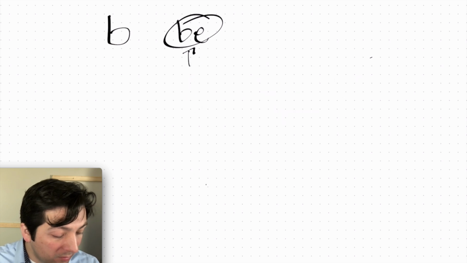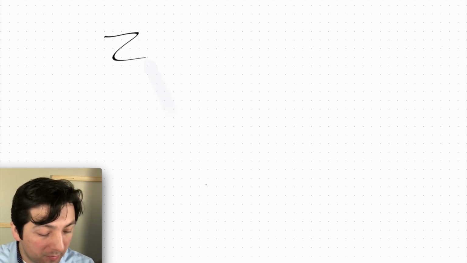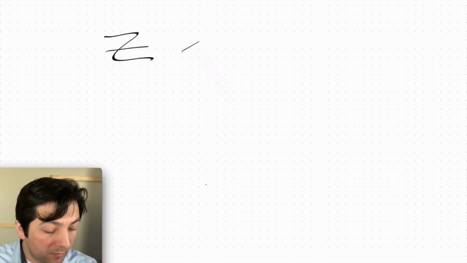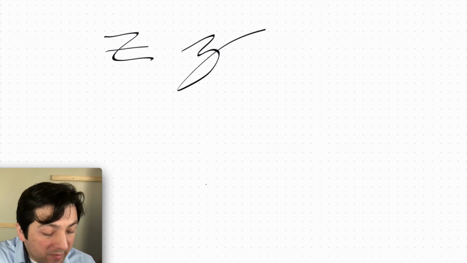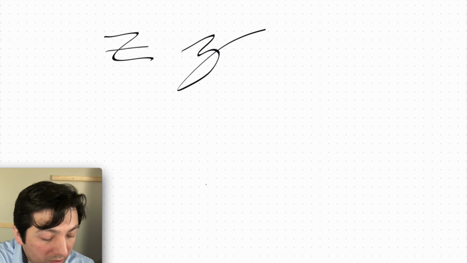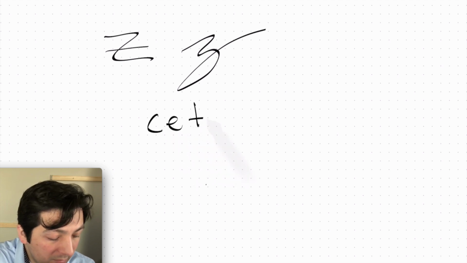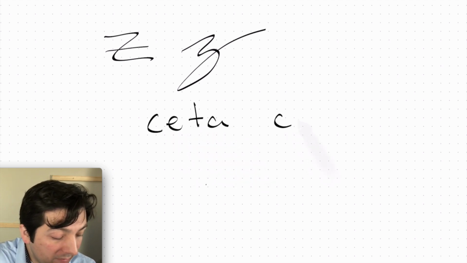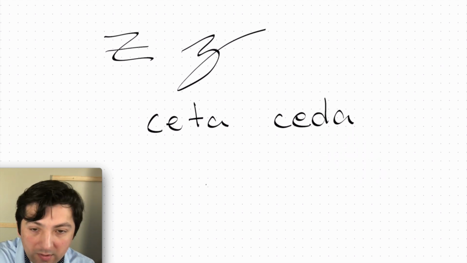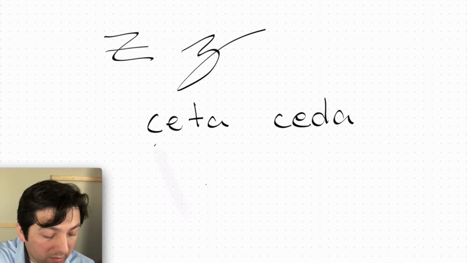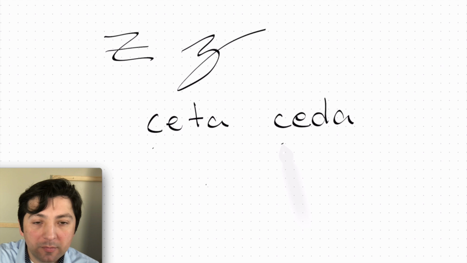Now the final letter that we are going to have is the following. It will be Z. Yay, Z, fun. And in the case of Z, we have two pronunciations. We have Zeta or we have Seda. Now, if you want to imitate the peninsular dialect, this would be Theta and this would be Theda, right?